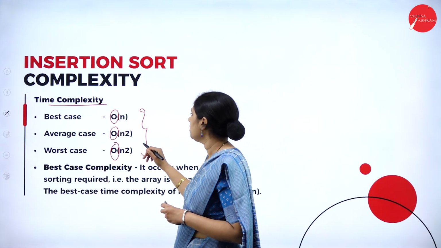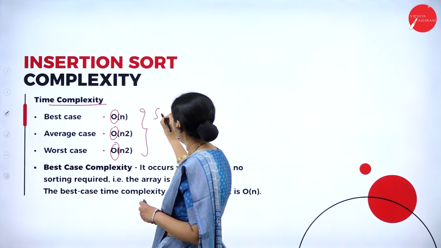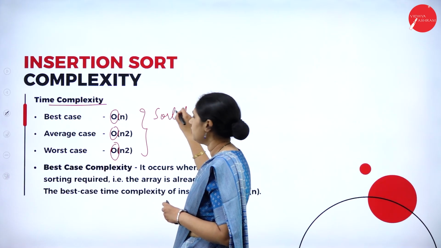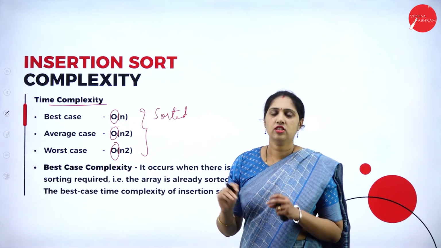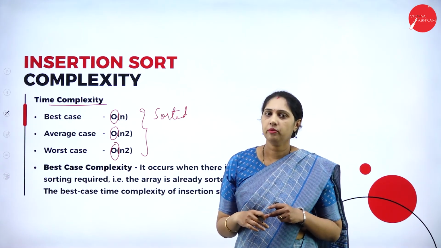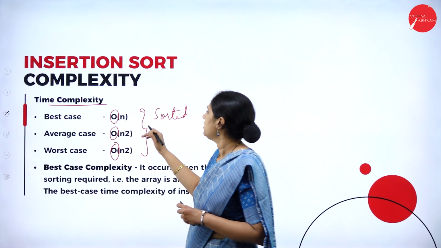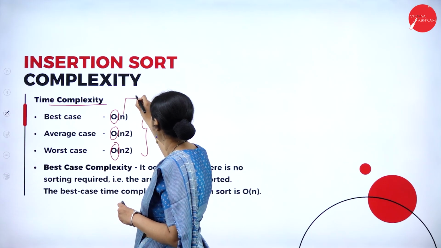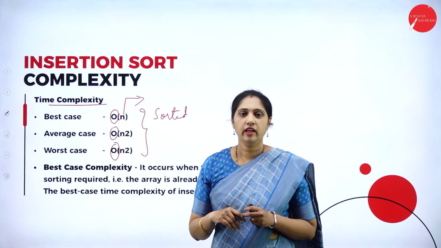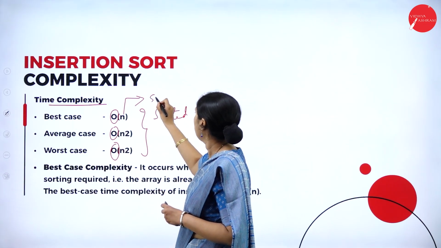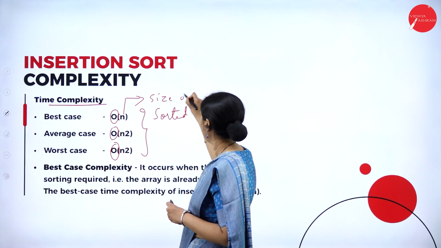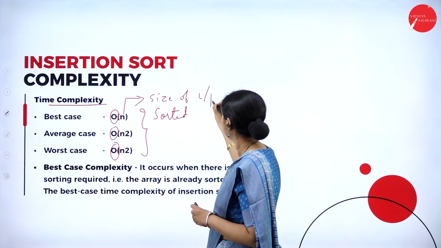In the best case, the array may already be sorted, so we just check it. We don't want to insert into an appropriate position because the array is already sorted. So the best case will be big O of n. What is n here? n is the size of the input, say the size of the array.